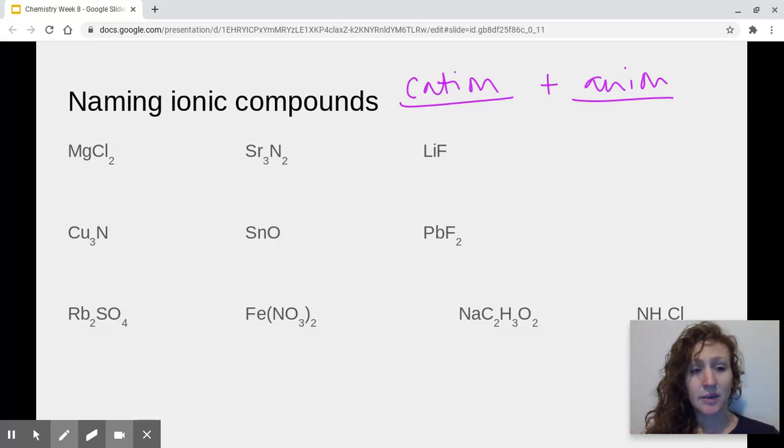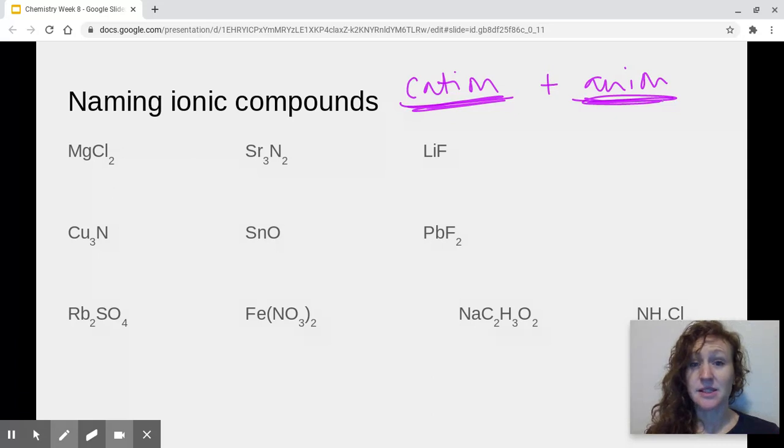So when we name ionic compounds, the only thing we actually have to do is name the cation and then name the anion. We don't have to reference what we have had to do to double or triple the compounds at all. We don't have to reference the subscripts at all. We just have to name the cation and name the anion.